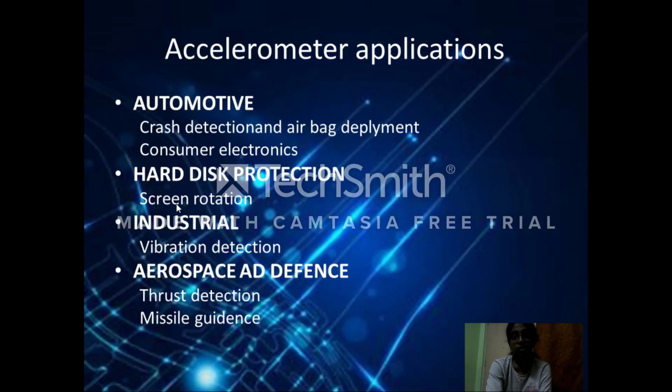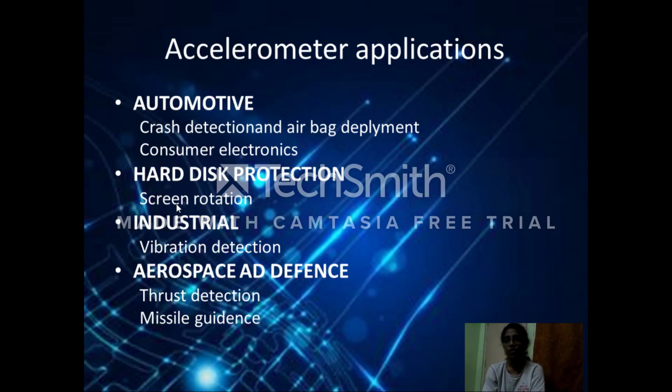Now we'll see the accelerometer applications. In automotive, there is crash detection and airbag deployment. Whenever there is a sudden jerk, like a car accident, the airbags come out without any intimation. How do they come? The accelerometer detects the jerk, and the airbags open automatically.